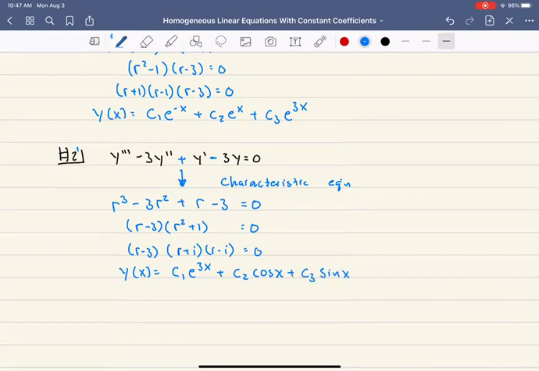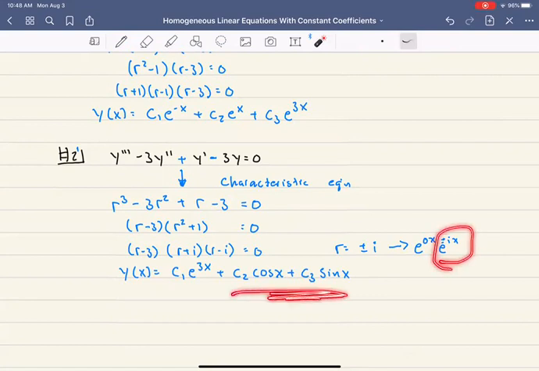That's because when you have r equals plus or minus i, there's no exponential on it, right? It just gives you the solution e to the 0x times e to the plus or minus ix, and this gives you the cosine and sine.